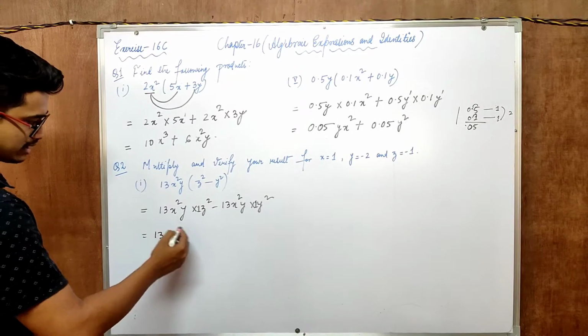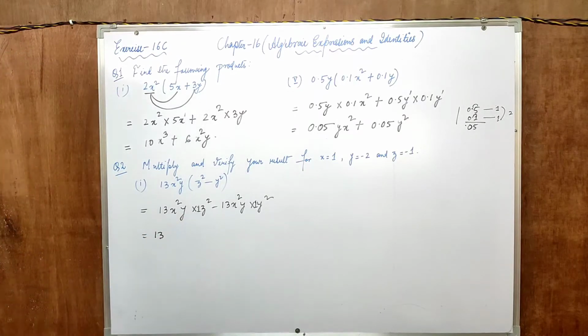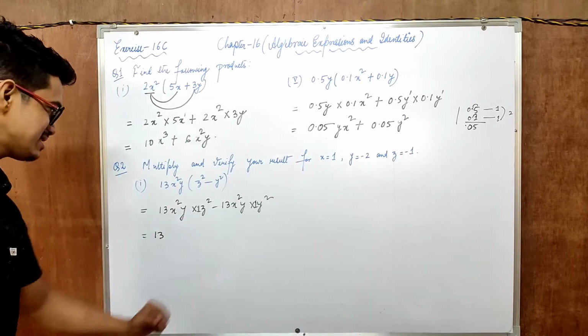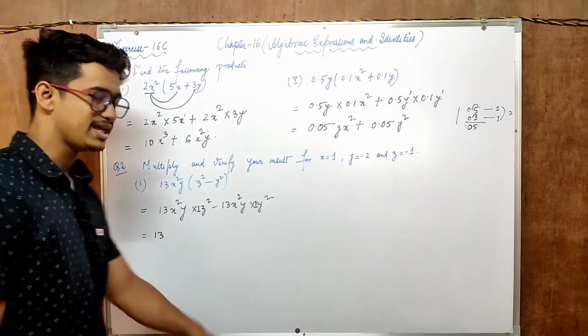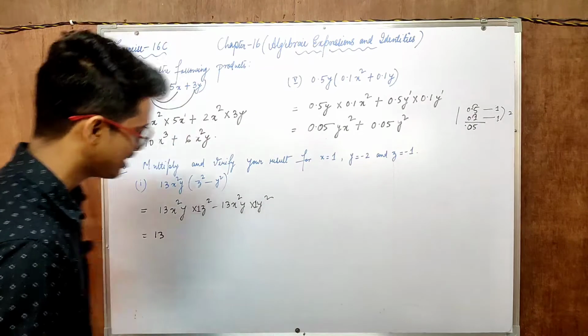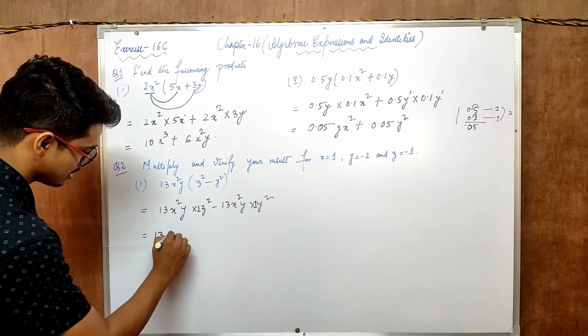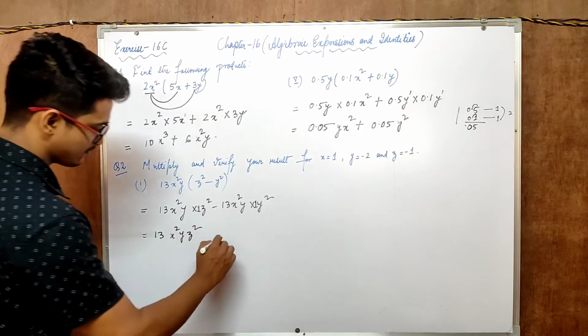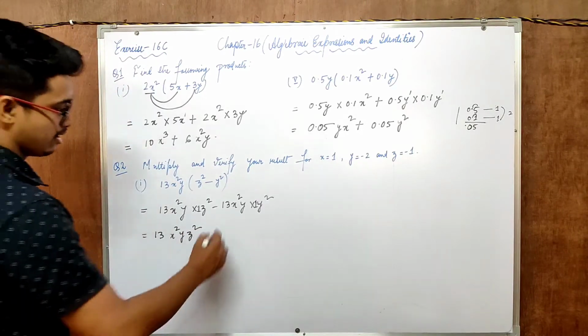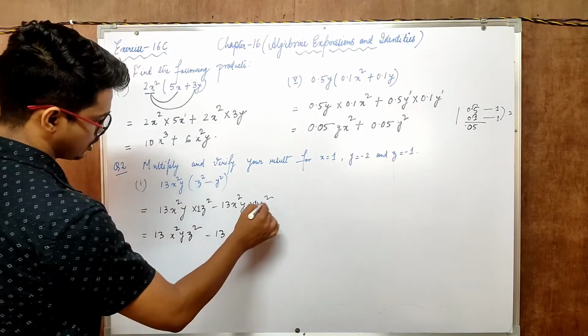After that, are there any like terms available in these two cases? That means x square y and z square, no like terms, because the bases are totally different, so it will stay as it is, x square y z square. After that minus, the same process will repeat because 13 into 1 is 13.